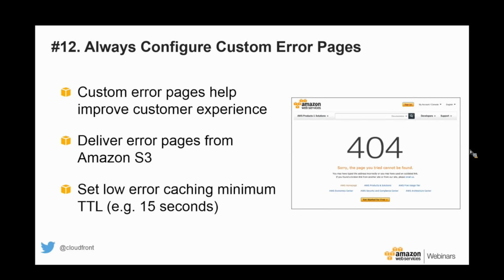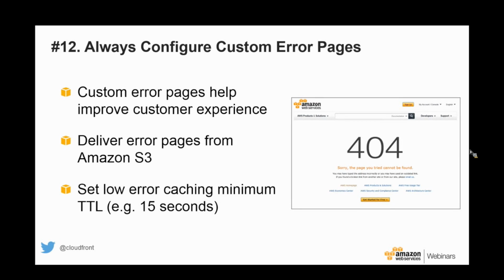One thing to keep in mind as you're configuring custom error pages is to have them hosted on a server that's not your primary web server. You can host these error pages on Amazon S3, so that even if your web server is having issues and the CloudFront Edge or the viewers are getting 500 responses, we can still deliver the custom error page from S3.